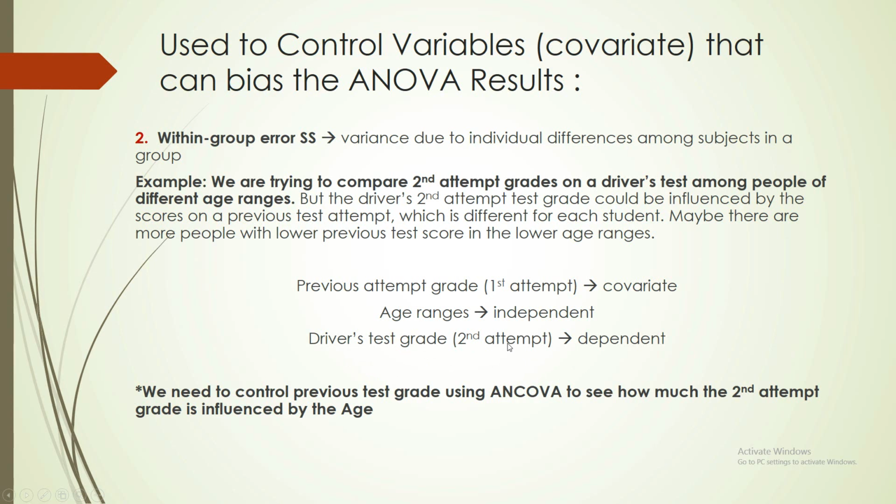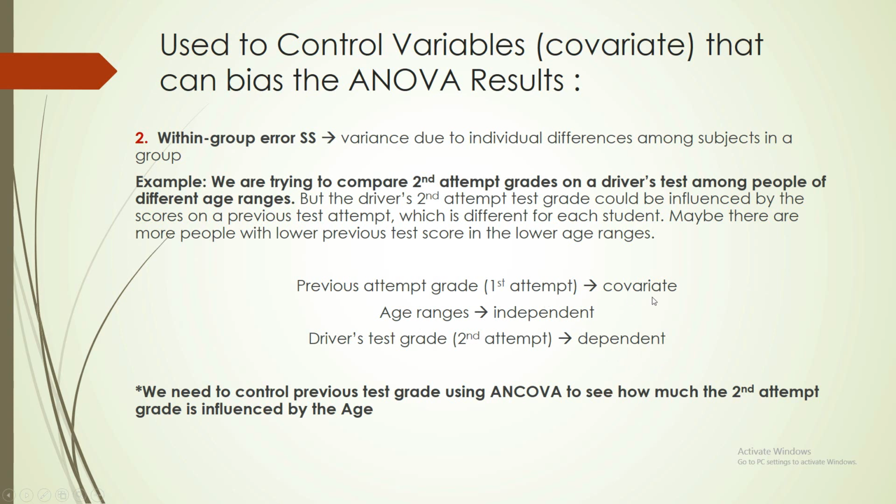But in this case, let's say that in different age ranges, if we have older people who received a very low grade for their first attempt, for people who are older, this could very much influence the outcome variable through the age range variable.